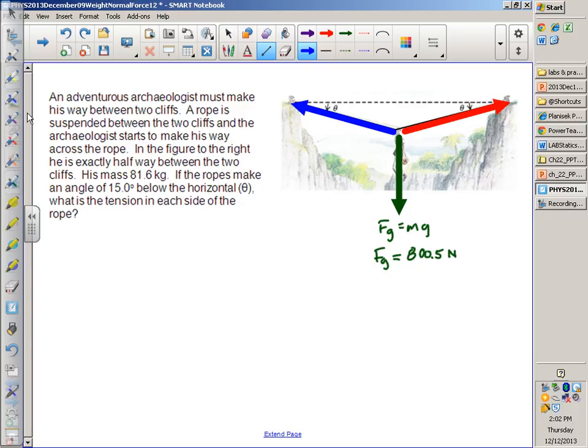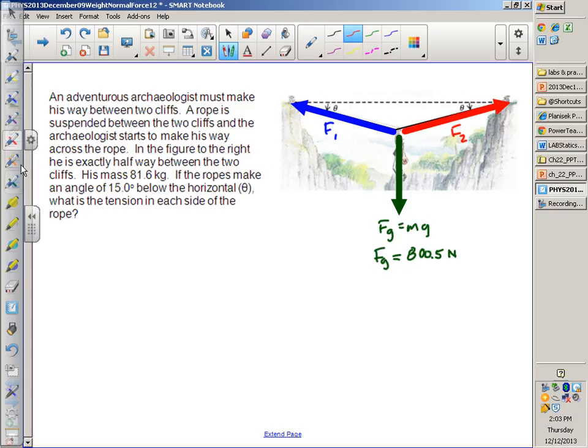If we want to, we could label this F1, and we could label this F2. If the archaeologist is halfway between the two cliffs, we can probably make a pretty educated guess. How are F1 and F2 going to compare to one another? If he's exactly halfway, probably going to be what? Equal. Probably going to be the same.